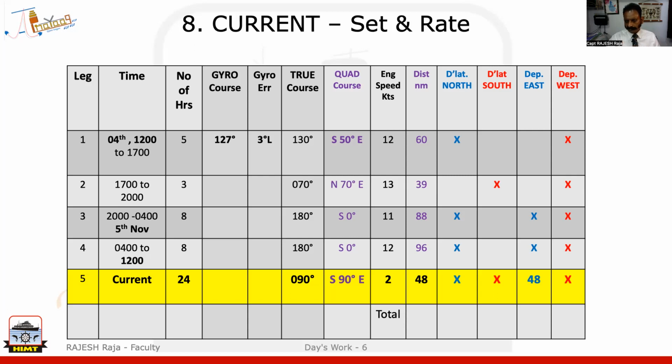And instead of engine speed, I'm putting the rate. So you multiply 2 into 24, total drift is 48. And you can see I put it as departure only, because it is only easterly. Let us say your current was going northerly, I would have put it in d-lat north. That's it. So you should consider your current also as one more leg.